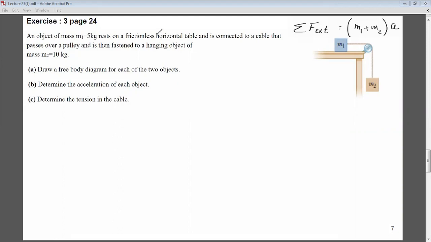So here we have a surface for M1, and there is this pulley.